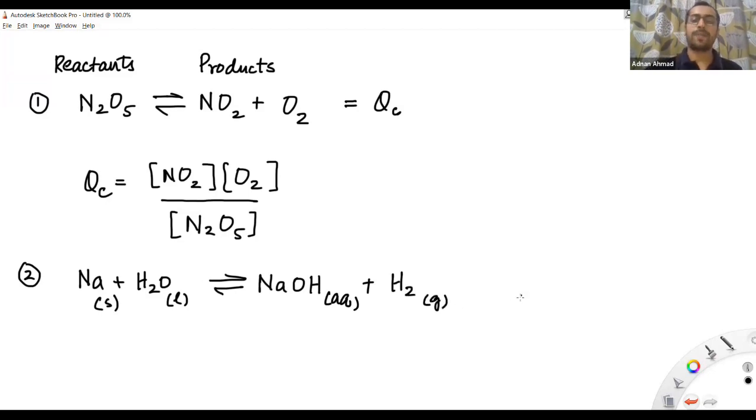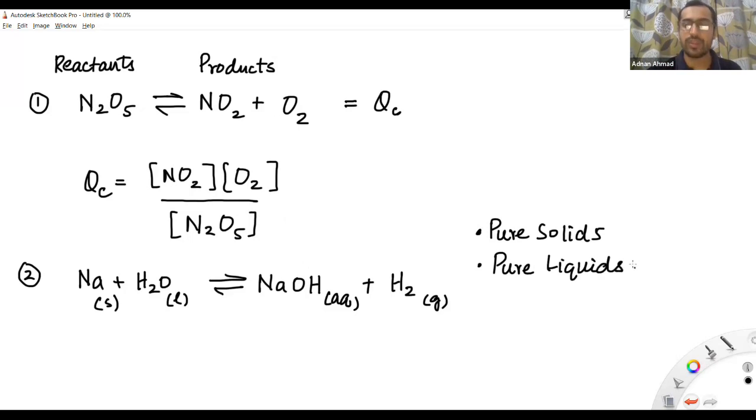Another important point is that whenever we are writing this quotient for chemical equilibrium, we do not write pure solids and pure liquids. They are not included in the quotient or the equilibrium constant expression.